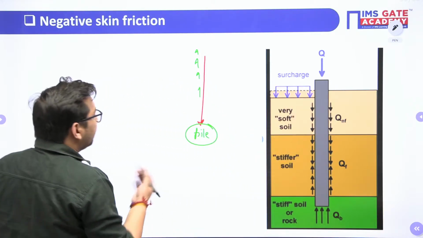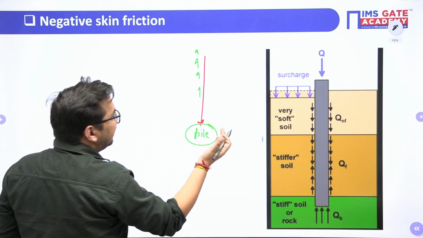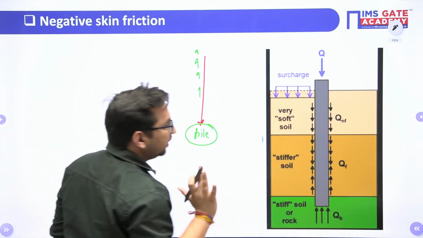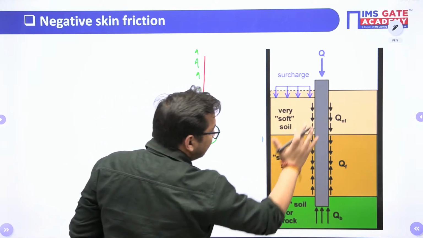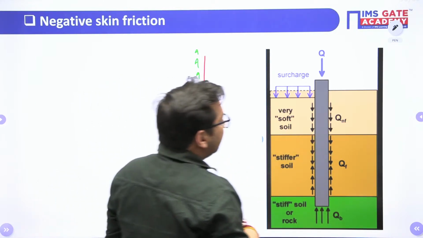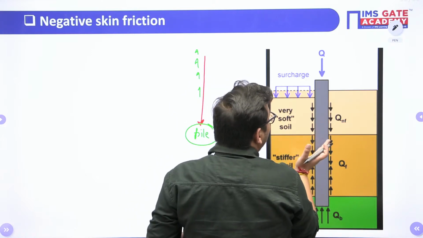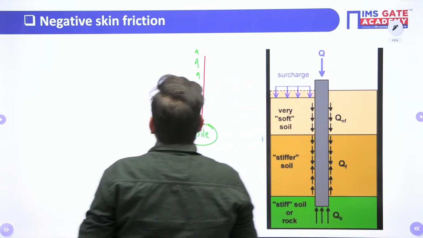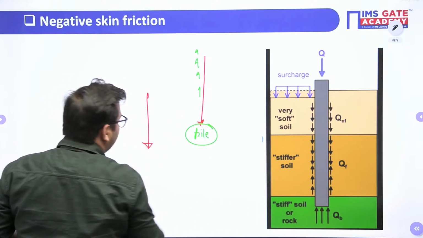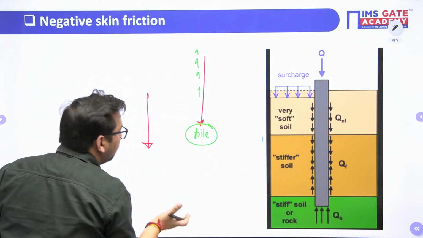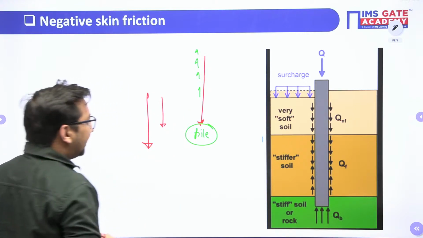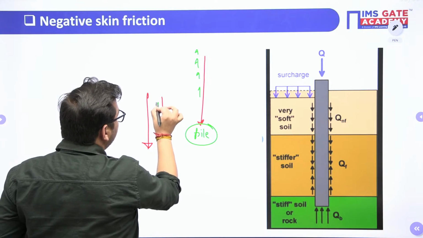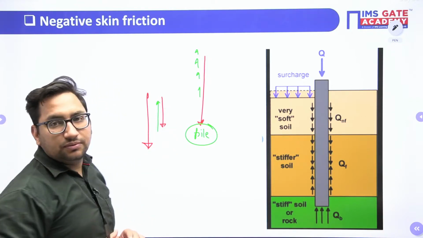If relatively I say what will be the movement of pile, if I take soil as stationary, can I say that my pile is moving up as compared to this soil? If soil gets settled more than the pile, I can say, if I take this as stationary, that my pile is moving in upward direction.